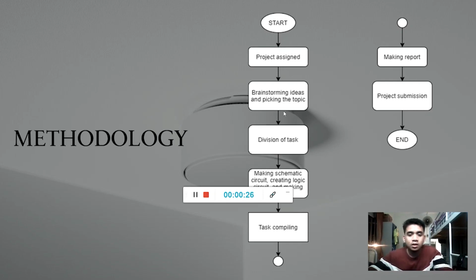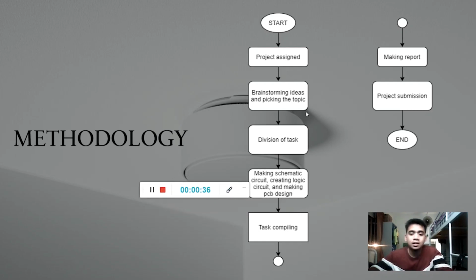Then we make a division of tasks, dividing the tasks among the members of the group. Then we make a schematic circuit, create a logic circuit, and make a PCB design. Then we compile the tasks, make a report, and do the project submission. And then the end.